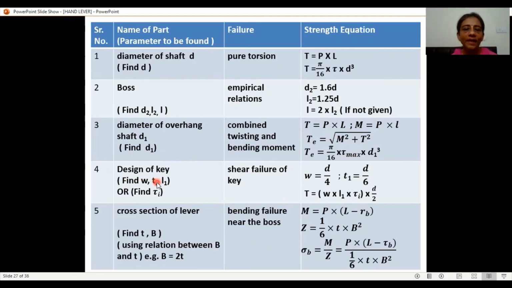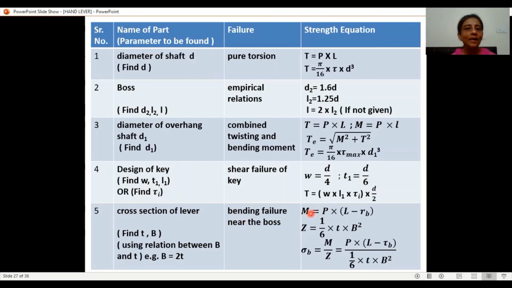Design of key: first we will find the width and thickness of the key by using empirical relations, and then considering shear failure, either we can find the length of the key or the shear stress induced. And the last step is to find the cross section of the lever considering bending failure near the boss.